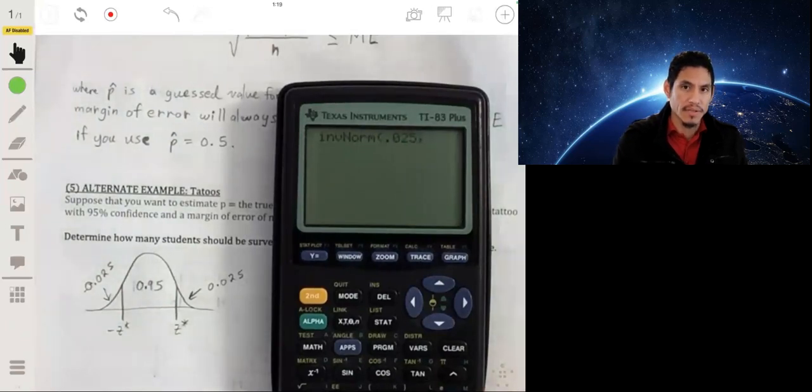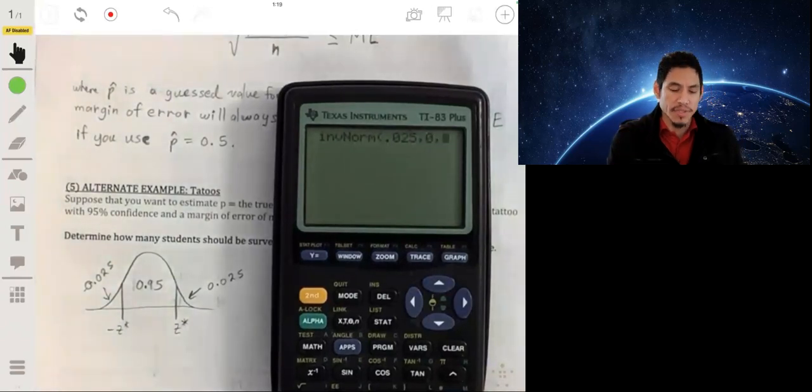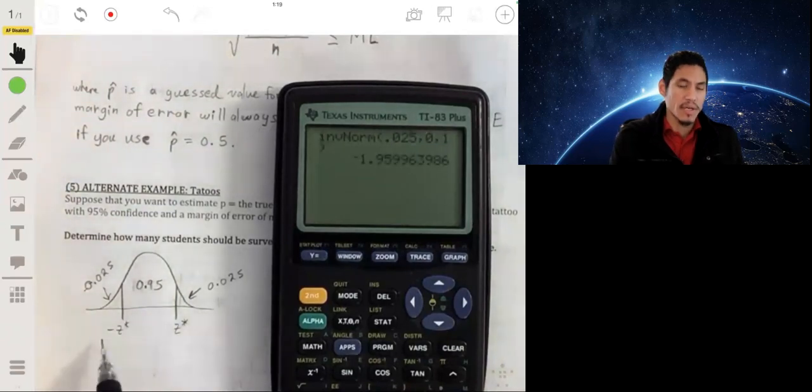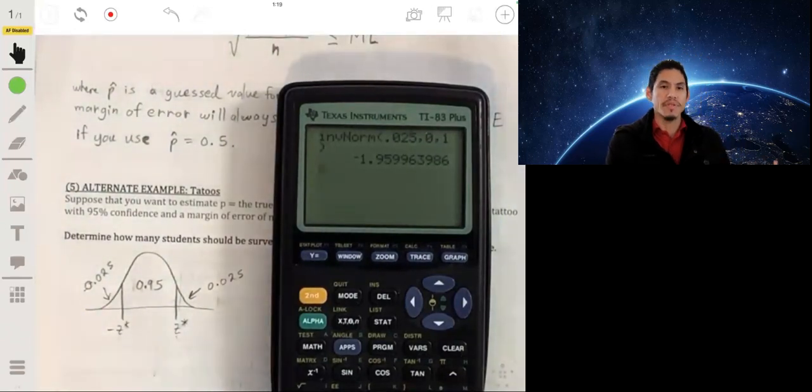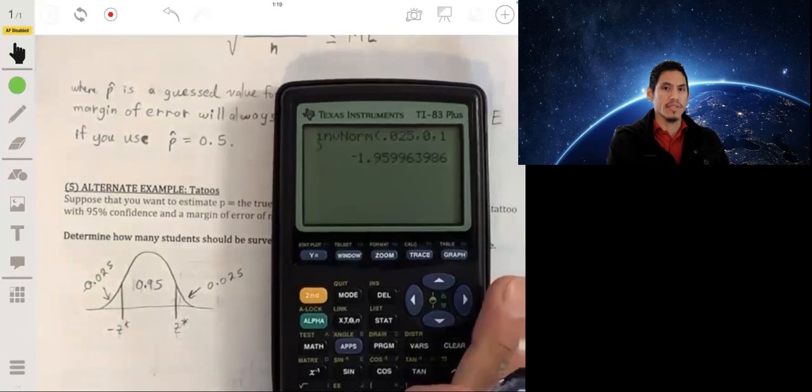And then we're going to enter the mean, which since it's a standard normal curve, our mean will be 0 and our standard deviation will be 1. And this will tell us what our negative z star value will be. And so then that value will be negative 1.96, and this will be 1.96. And we will use our z star value to be a positive quantity because that's usually the norm.